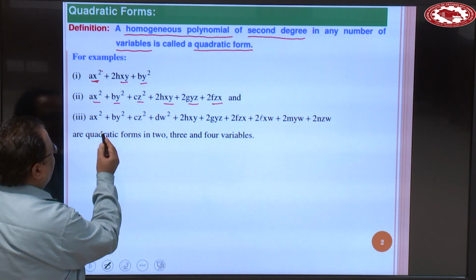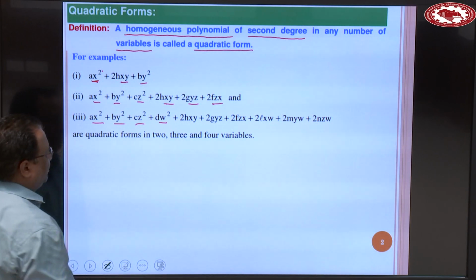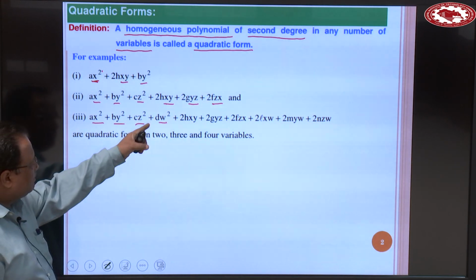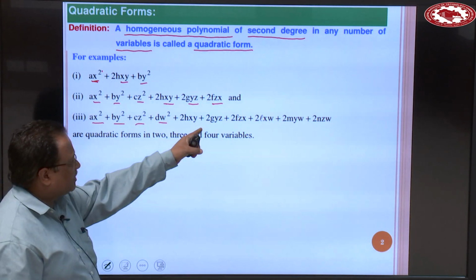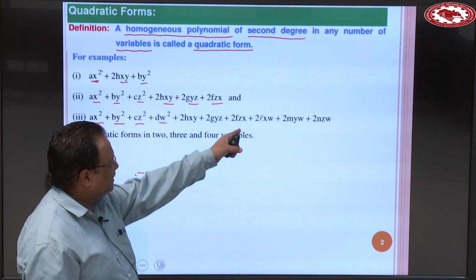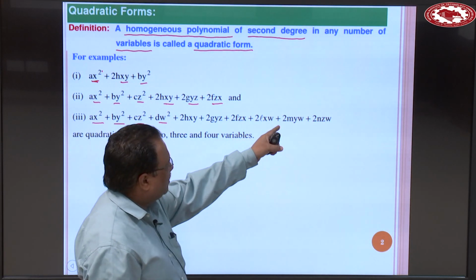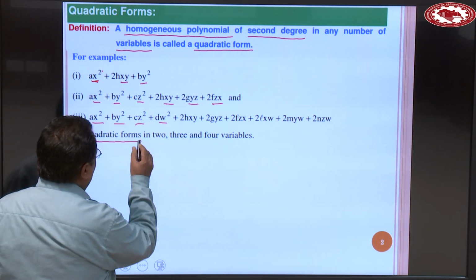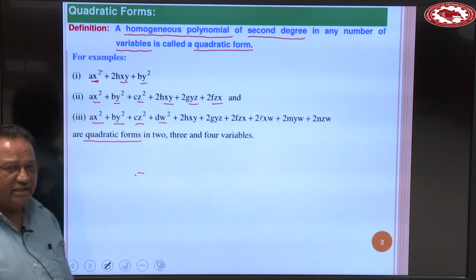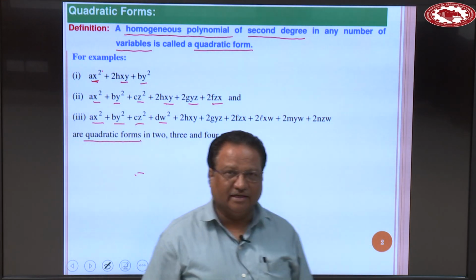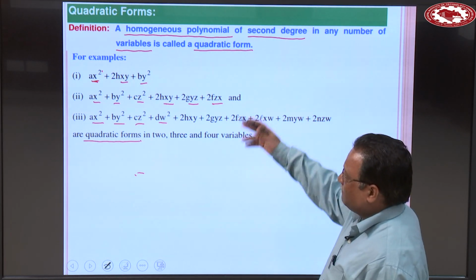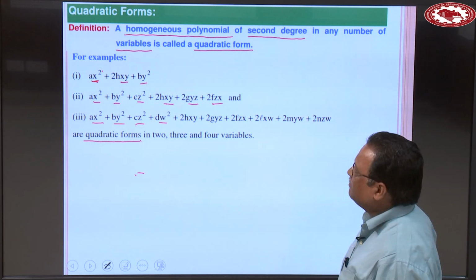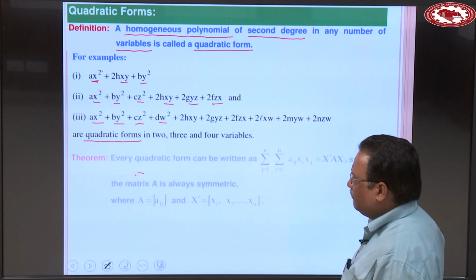Similarly, if we have 4 variables x, y, z and w, then the quadratic form can be represented as ax square plus by square plus cz square plus dw square plus 2hxy plus 2gyz plus 2fzx plus 2lxw plus 2myw plus 2nzw. So, all these 3 are quadratic forms in 2, 3 and 4 variables. Clear? So, a quadratic form is represented by these types of expressions. Any homogeneous polynomial of second degree in any number of variables is called a quadratic form.